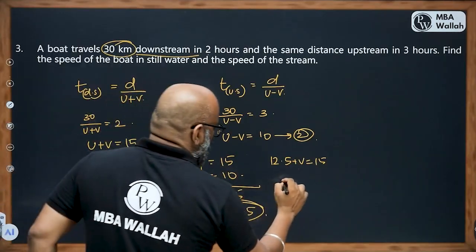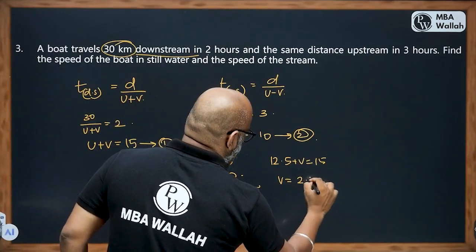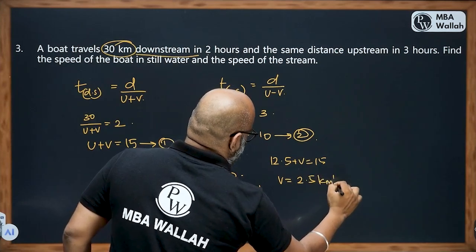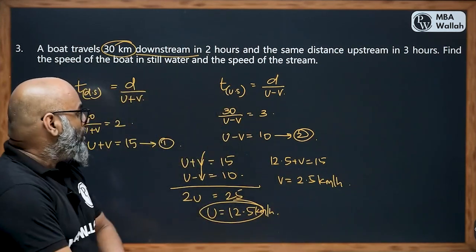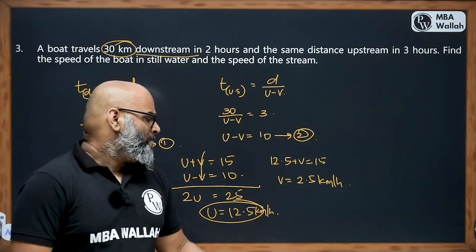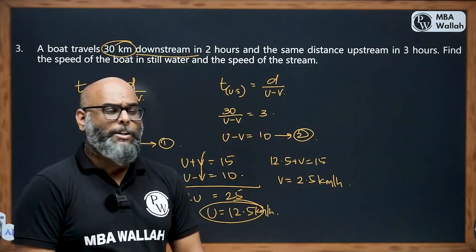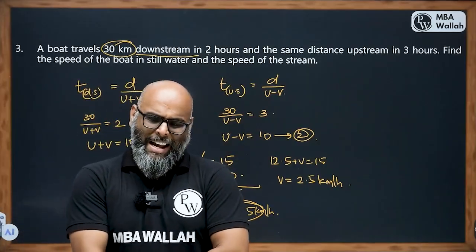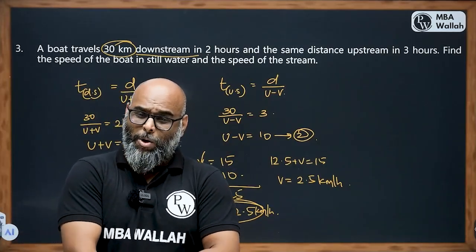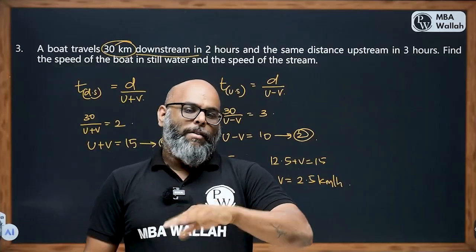That will give us v is equal to 2.5 kilometers per hour. So speed of the boat is 12.5 kilometers per hour. Speed of the stream is 2.5 kilometers per hour. And those are your values. So plug it in, understand what condition it is working around with. The moment you get it, we fly with it.